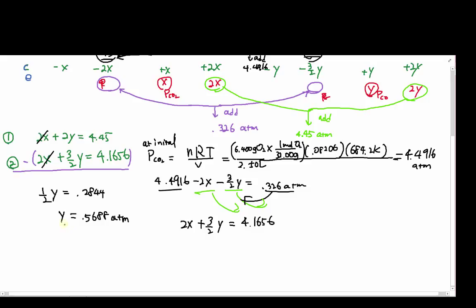Okay. We define y to be the partial pressure of carbon monoxide. Okay, now we know y. We can find x, and I say the easiest way is just to plug it in. 2x plus 2y equals 4.45. Okay, just plug it in.